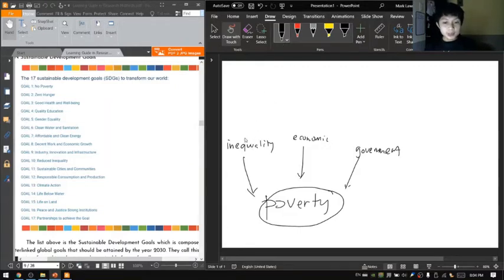There is probably inequality of jobs. I don't know what other factor there is. Inequality in jobs, inequality in opportunities.